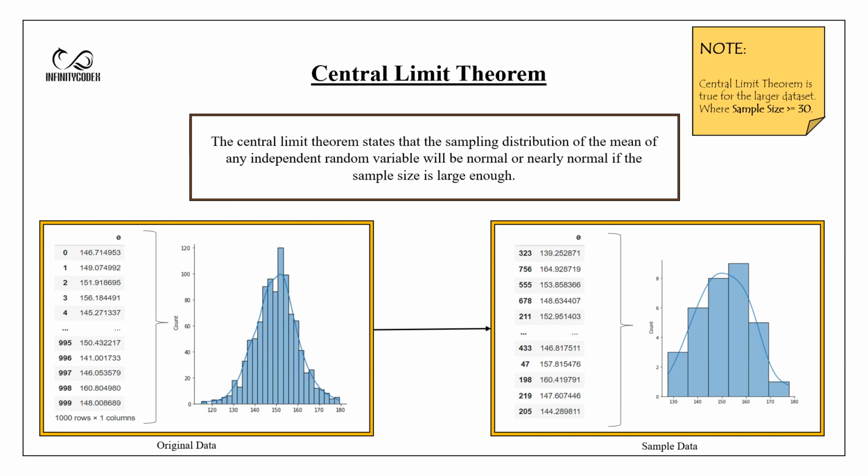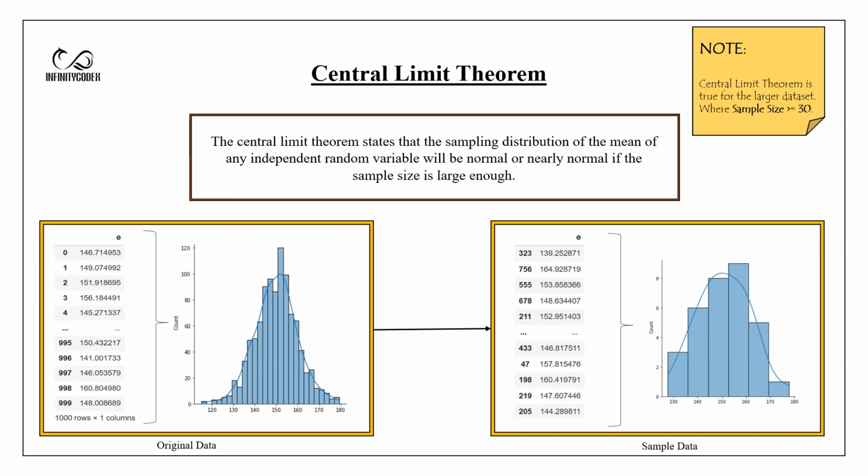It means that we take samples from a dataset, and if we plot them, then that sample will be normally distributed. As I have shown in this example, where I have an original dataset with 1000 rows and a sample of almost 32 rows. As you can see, the original data is normally distributed and our sample data is also normally distributed.